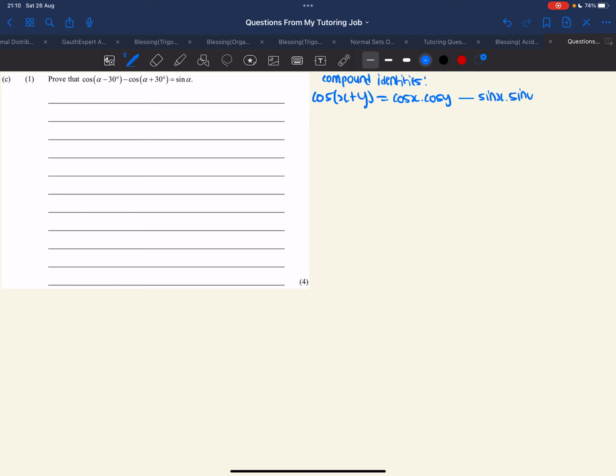Now let's do that test. So we are going to see the left hand side, right? Left hand side we are given cos of alpha minus 30 degrees minus cos of alpha plus 30 degrees.